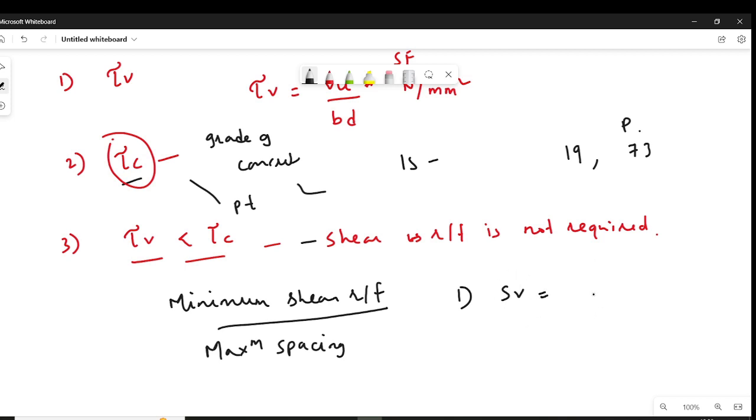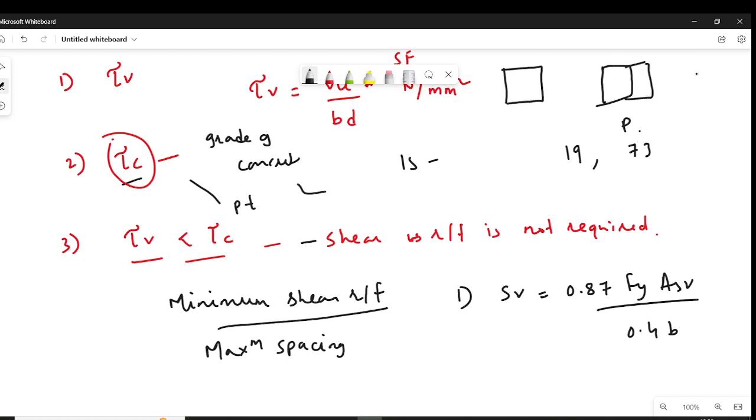Sv means spacing. Sv equal to 0.87 fy Asv divided by 0.4 b. Fy is the grade of steel, Asv is the area of the stirrup. Stirrups are provided as two-legged, three-legged, four-legged.